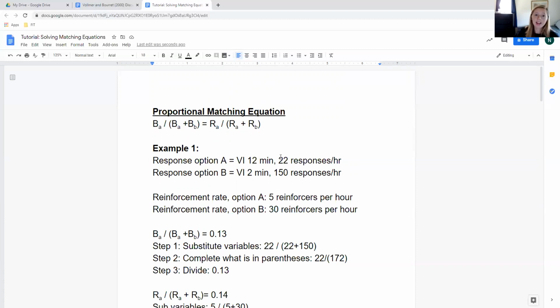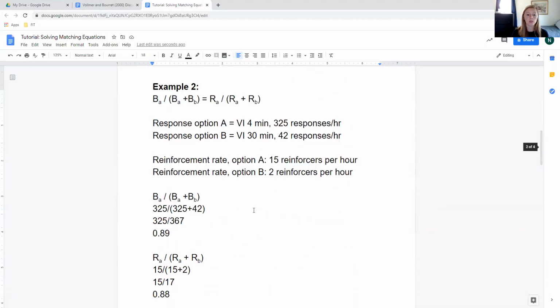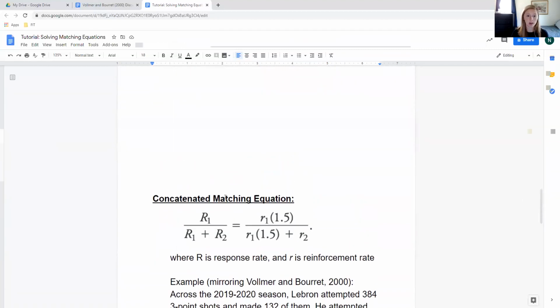When it gets tricky is when you have reinforcement schedules that differ in other ways. In addition to the schedule, we also have to think about reinforcer magnitude. In the Vollmer and Bourret study that we read, they used a version of the matching equation called the concatenated matching equation.